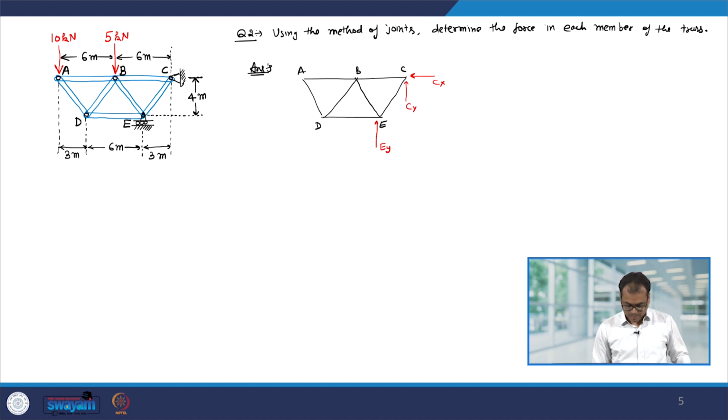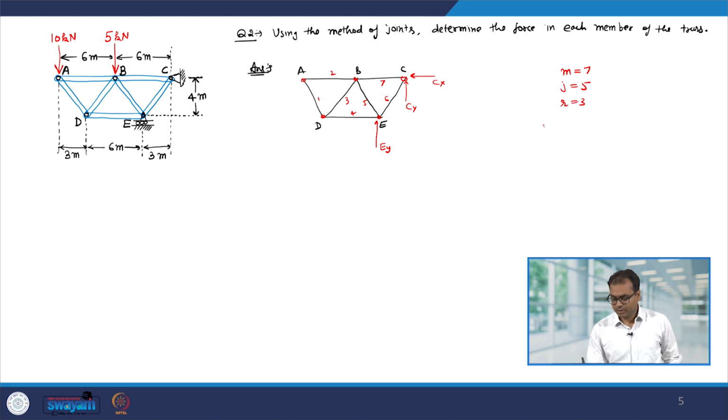Now, you can see that the total number of members are 1, 2, 3, 4, 5, 6 and 7. So, there are 7 members and there are 1, 2, 3, 4, 5 joints, and total reaction forces are 3.